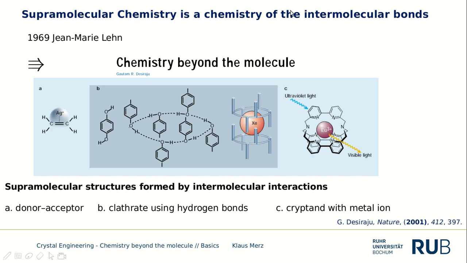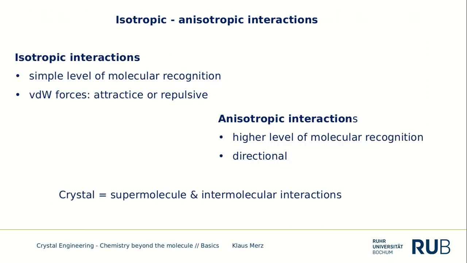You see, ultraviolet light is coming in, and you have a shift of the light wave, and coming out is visible light. Very nice examples showing the importance of intermolecular interaction in supramolecular chemistry.